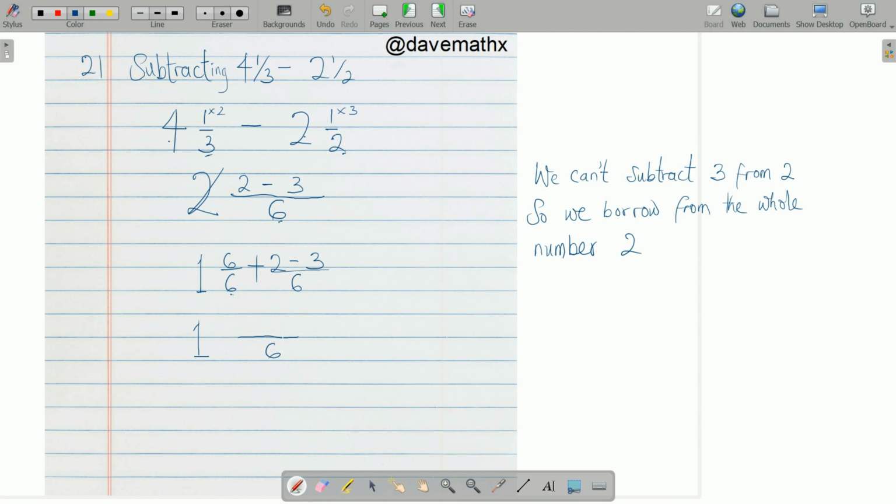Pick only 1 6 as the denominator. Now we add the 2 and the 6 together to give us 8. So we say 8 minus 3, which is 5. Our final answer becomes 1 whole number, 5 over 6.